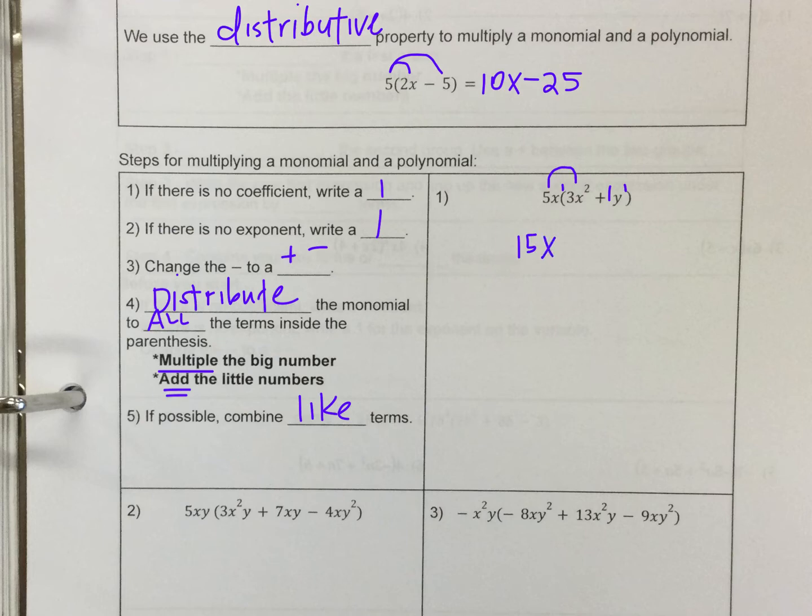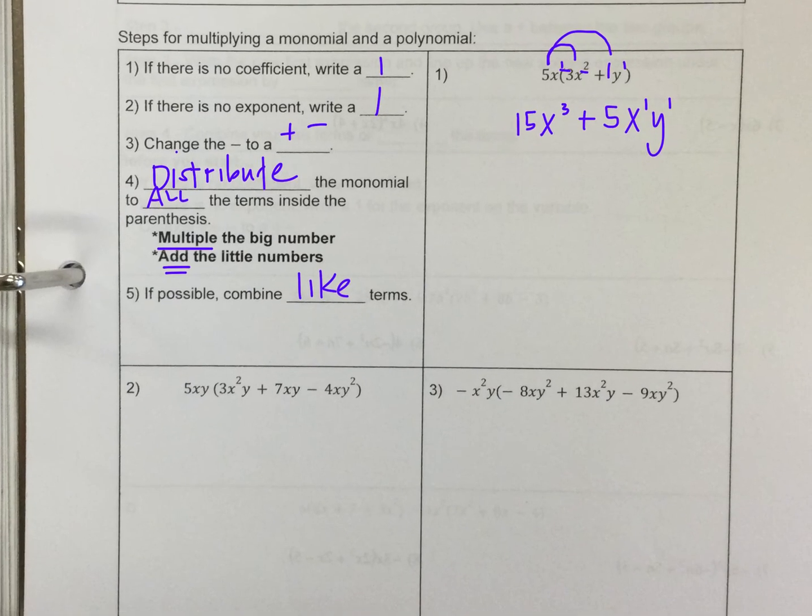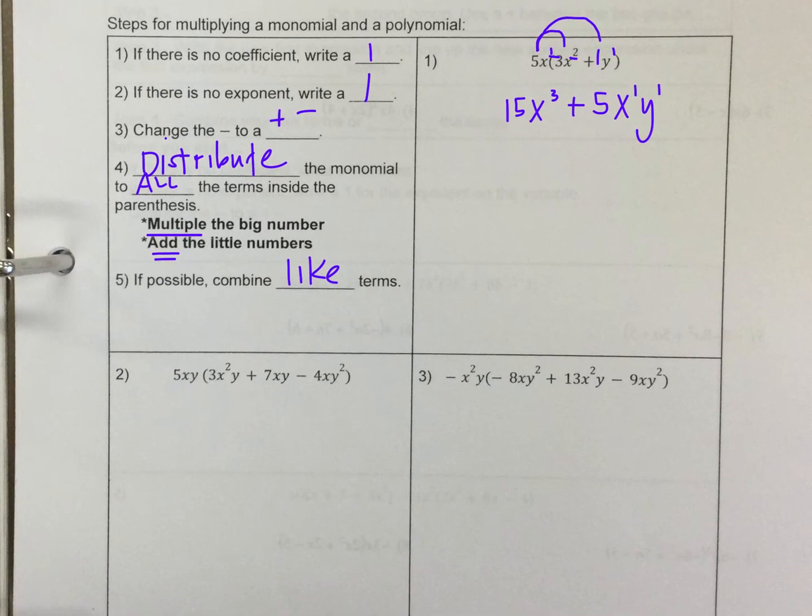Copy down the x and I add the little numbers. 1 plus 2 is 3. Multiply the big numbers. 5 times 1. It's going to be positive 5. I've got an x, and you can write x to the 1, and I got a y to the 1. I don't have any other x's and y's to put together. And I can't put an x to the third and an x1, y1 together, so I'm all done.